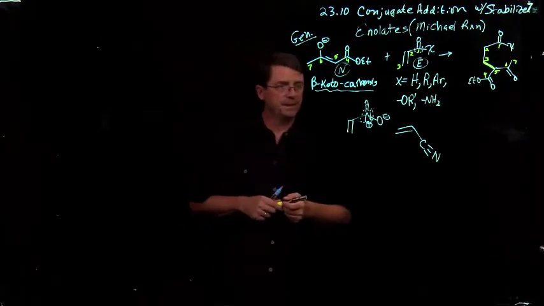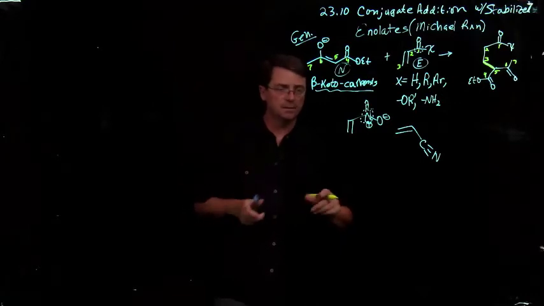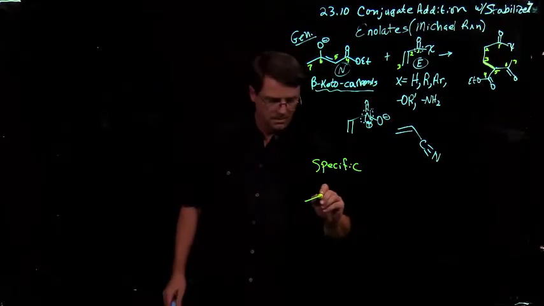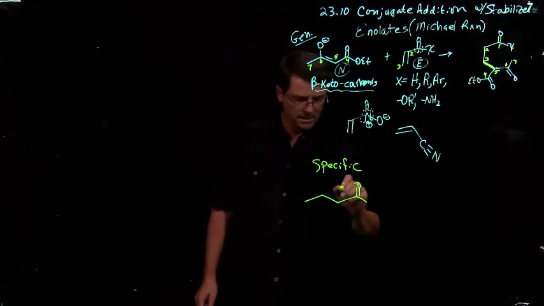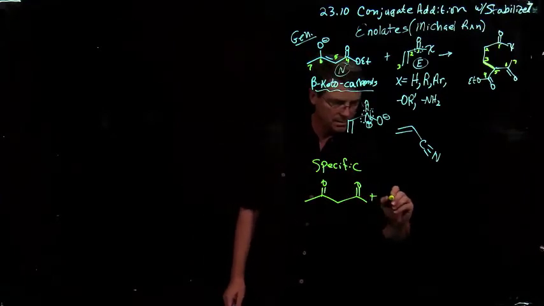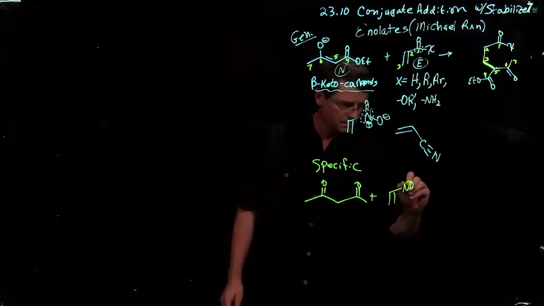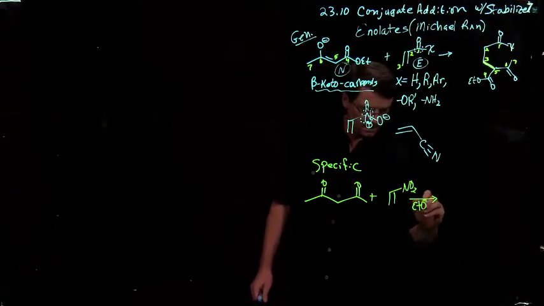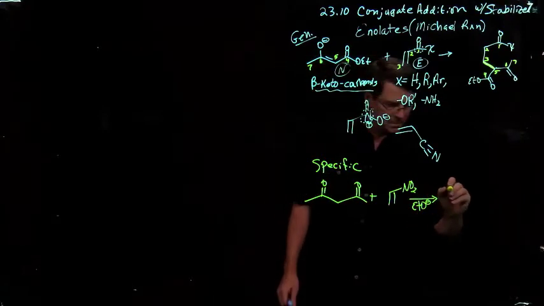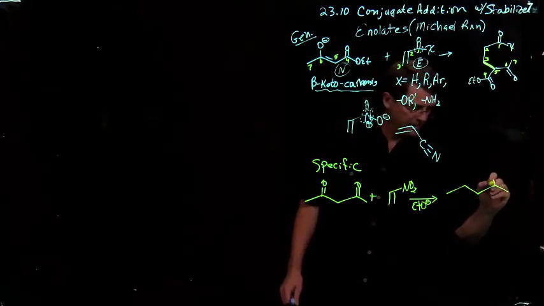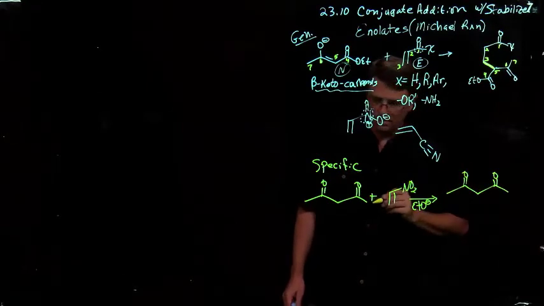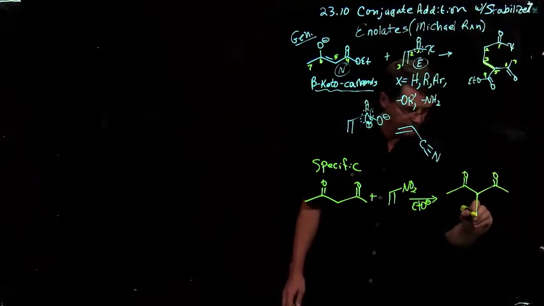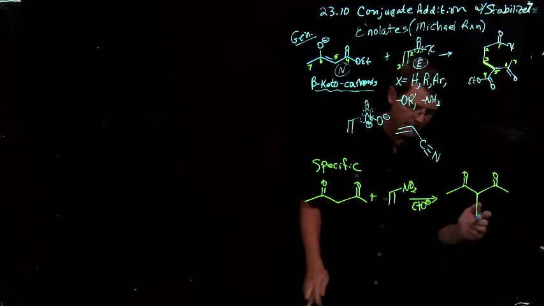So let's take a specific example here. Acetoacetic ester plus, we'll use the nitro compound, treat that with ethoxide, and I'm going to draw the product slightly differently this time. I'm going to orient you relative to the dicarbonyl compound. We do the addition. There's the new bond that we made.